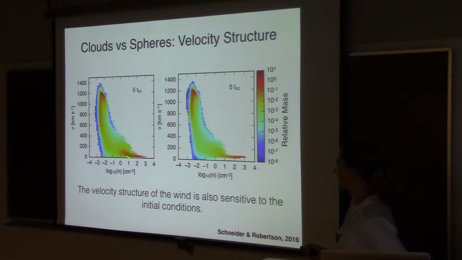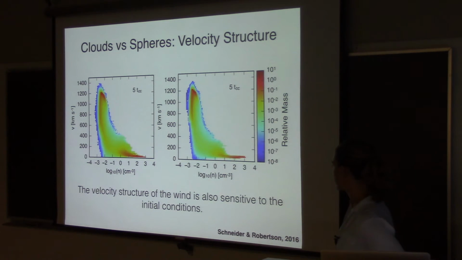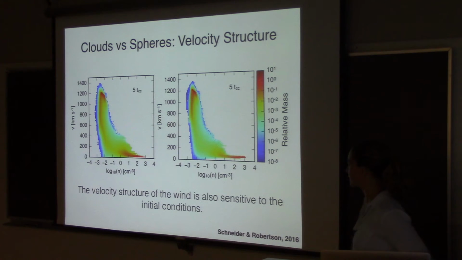In fact, with the turbulent cloud, the problem is much worse, because the intermediate density regions just get incorporated quickly into the hot wind, and the highest density gas moves less quickly than it does in the spherical case. So this is not a solution to that problem. In fact, it makes it a bit more interesting.